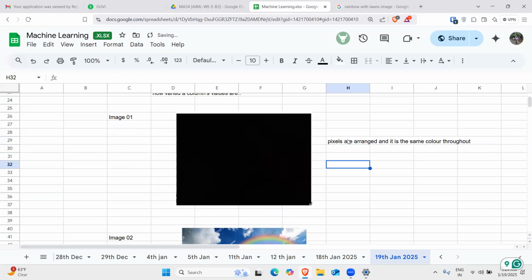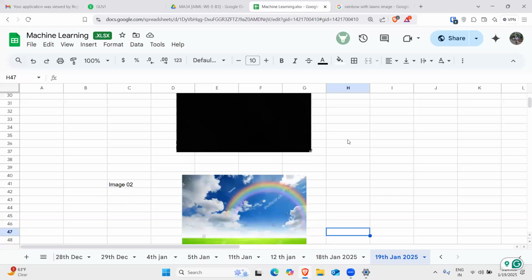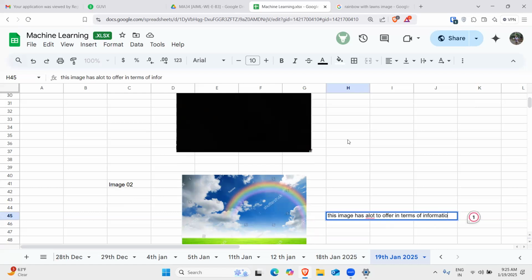However, there are a lot of other things that you could distinguish easily in the second image. Therefore, this image has a lot to offer in terms of information. Simple.